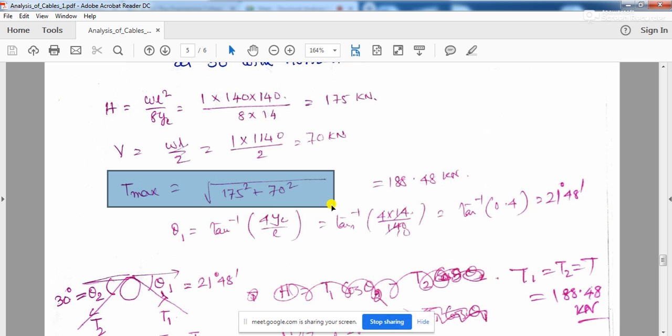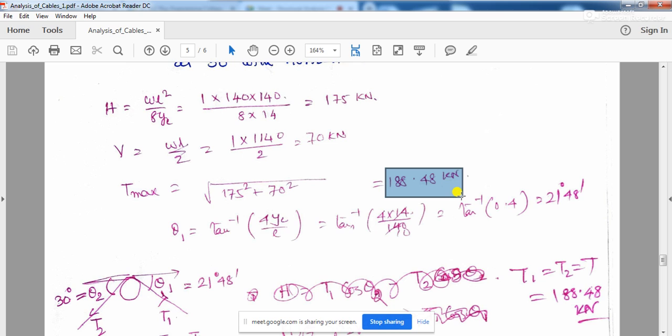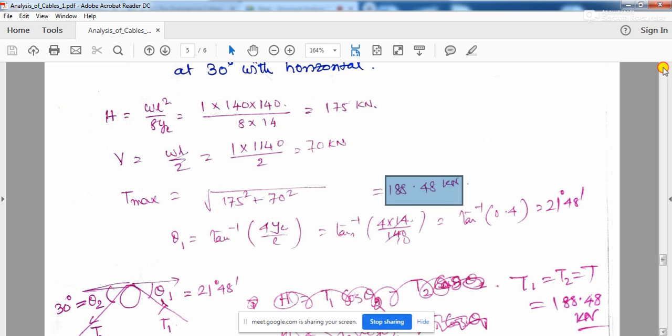If you do that, you will get the value, and you will be getting the maximum tensile force inside the cable. Now you see the next question. So the first part of the problem is solved.